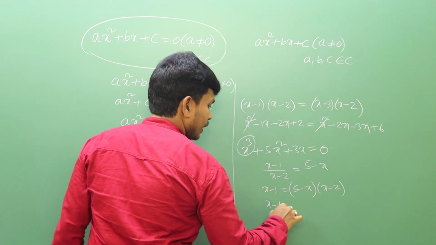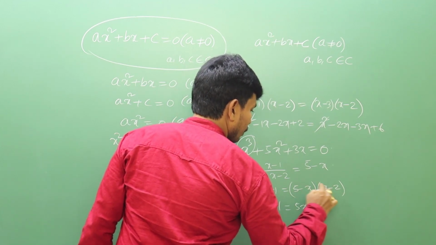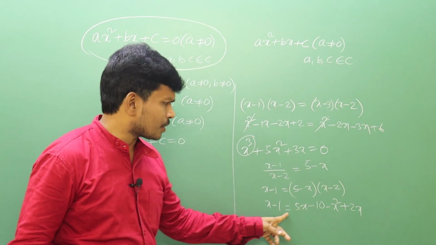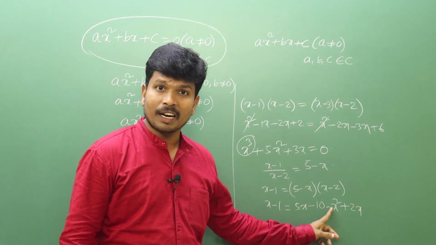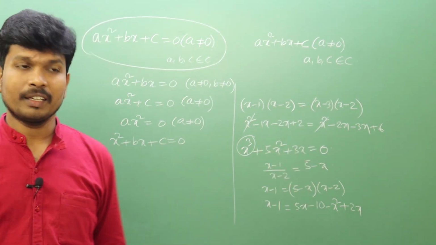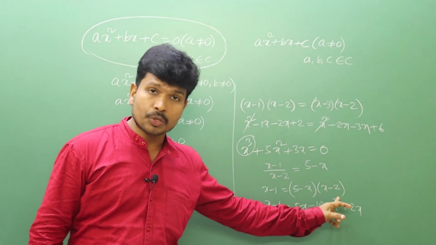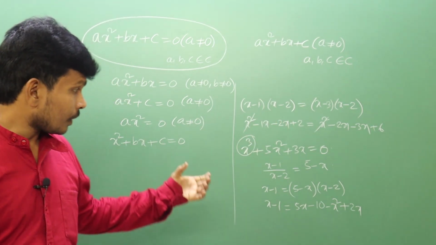Now x − 1 = 5x − 10 − x² + 2x. Now observe here, is the x² term there or not? The x² term is there, that's why it is a quadratic equation, and it is the highest degree term. The highest degree is 2, so this is definitely a quadratic equation.